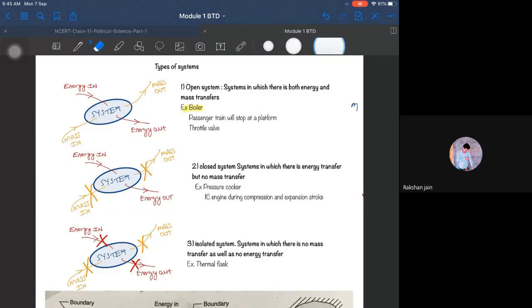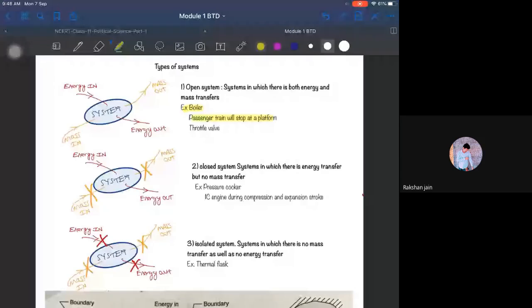This particular example of a passenger train, with passengers entering and coming out while it is at the platform, was asked in your VTU question paper. I don't know in what sense they have related this example to thermodynamics, but they asked it.